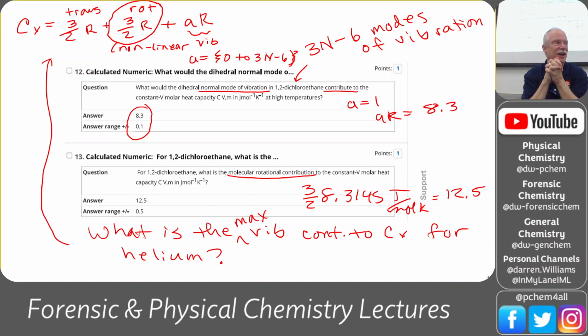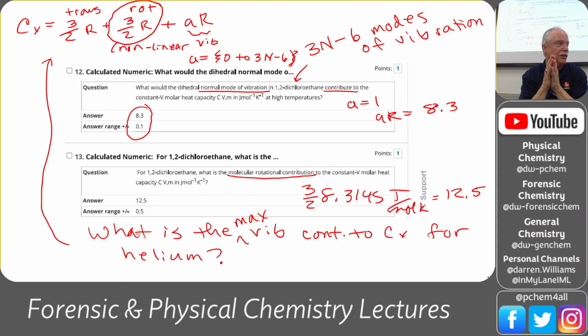Yeah, so do you see why it's a trick question? Because helium's just a single atom, and I'm asking about vibrations. You can't have any vibrations if you just have a single atom, because it has to be 2 atoms vibrating against each other. So it can't have any vibrations. What about rotational components?